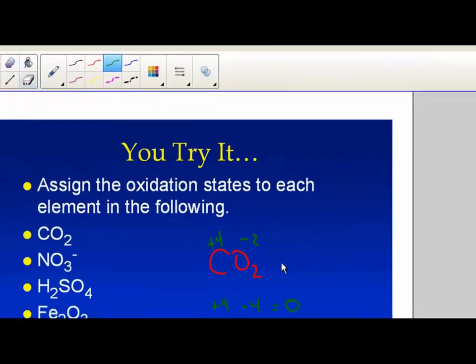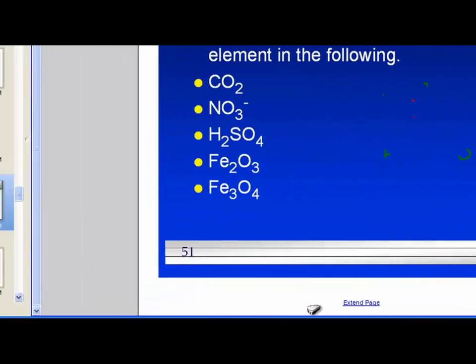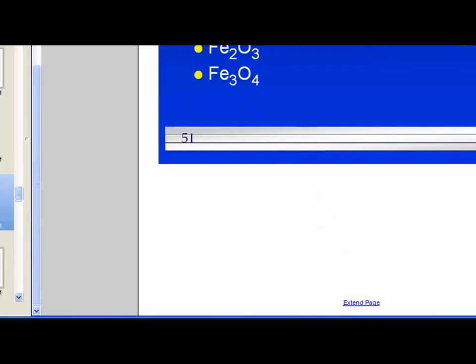Let's try another. Here we have nitrate. Maybe I'll just extend the page. That's probably easier. Nitrate, NO3, -1. So here's an oxygen. We know that this is not a peroxide, so it's always assigned a -2. Oxidation state of oxygen is -2. 3 units of a -2, 3 times 2 gives me a total of -6.